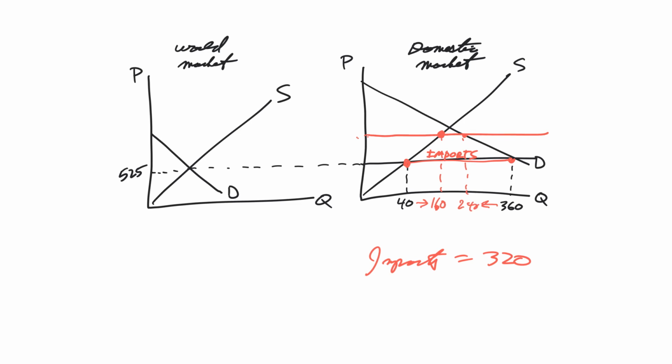So that works. 240 minus 160 is 80. So what is that magic price? Well, on the graph, it is 6.15. That's 6.15, and this is 5.25 as determined by the world market over here.